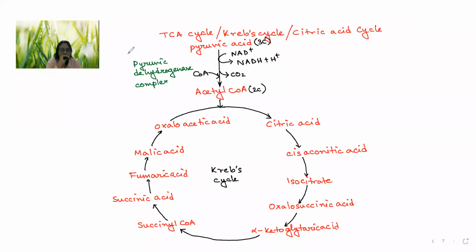As we know that the TCA cycle is working in the inner mitochondrial matrix, the enzymes required for the TCA cycle are soluble in the inner mitochondrial matrix. Only one enzyme, succinyl dehydrogenase, is insoluble. That is why it is attached to the inner membrane.